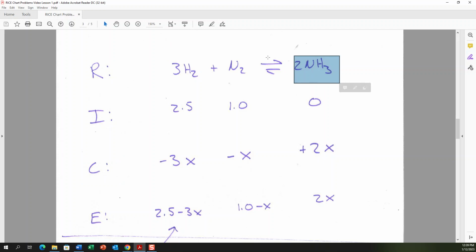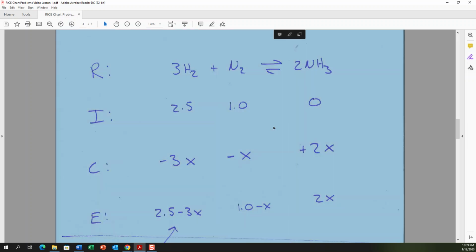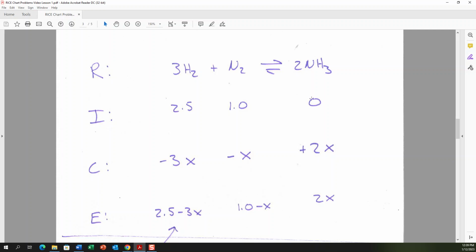As the reaction shifts towards the right and produces product, we're going to lose the things on this side of the equation, and we're going to gain things on this side of the equation. So it's going to be minus X on the reactant side, and plus X on the product side. My change on my reactant is going to be minus, my change on my product side is going to be plus, okay? Because in order to reach equilibrium, I have to get some of this, and the only way that can happen is if I lose some of this, all right?